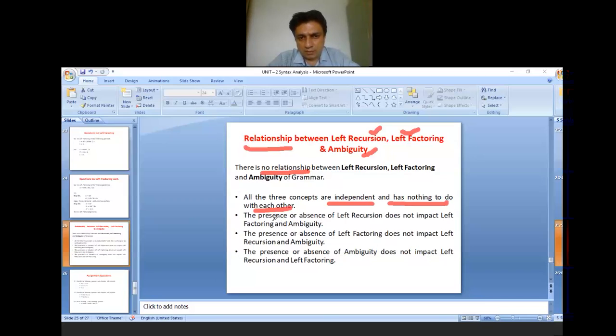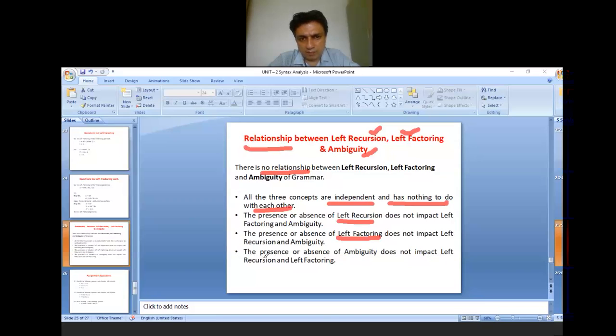You can also write in this form: the presence or absence of left recursion does not impact left factoring and ambiguity. In the same way, the presence or absence of left factoring does not impact left recursion and ambiguity.